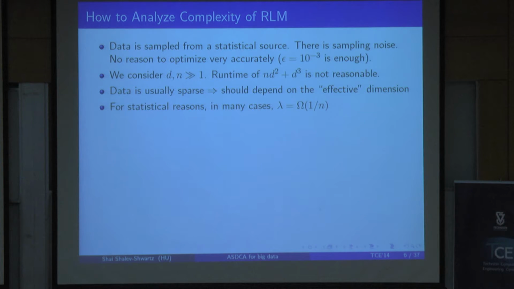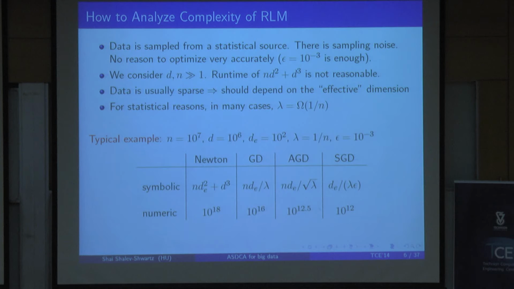Okay, so once we take all these considerations, let's take a typical example: say 10 million examples. The dimension is millions, and the effective dimension d sub e is 100. This is typical in text processing problems. Let us take lambda to be 1 over n and epsilon to be 10 to the minus 3.